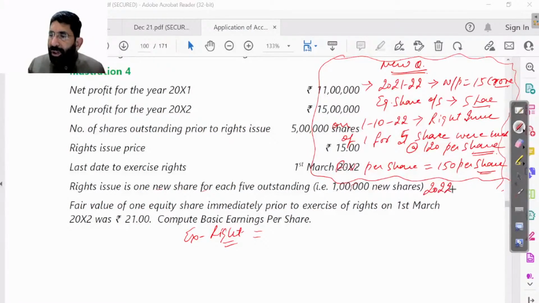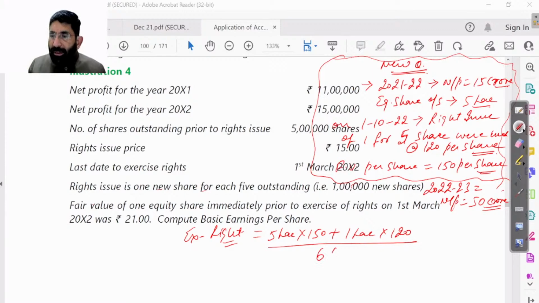So then 22-23 profit is also given. NP, this is rupees 50 crores. It was 5 lakh into 150 plus 1 lakh into 120 divided by 6 lakhs.